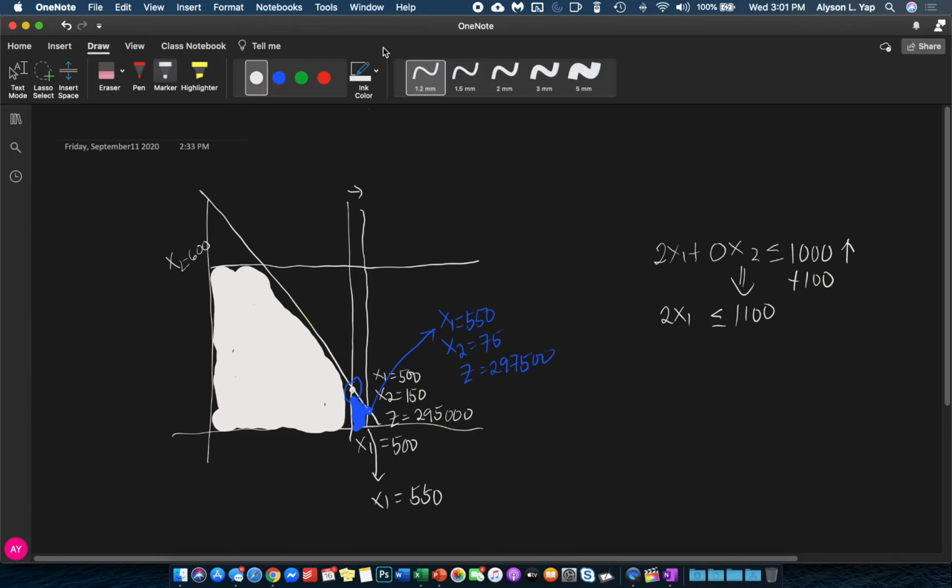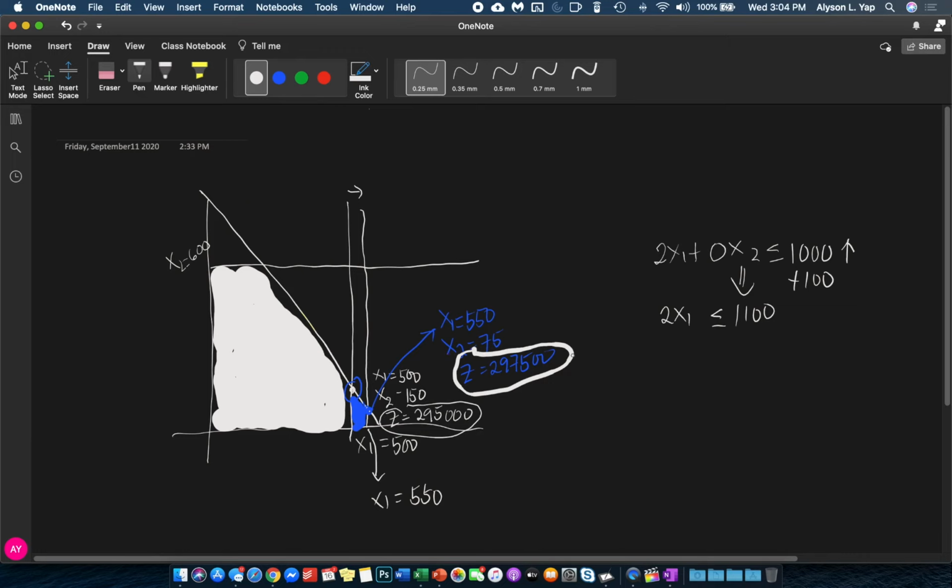Okay, and as you can see, if you compare the z value of the new optimal solution, which is 297,500, versus the original one, that is 295,000.